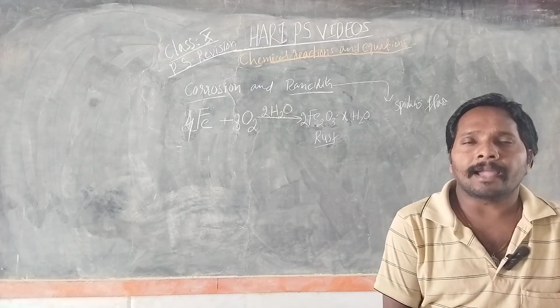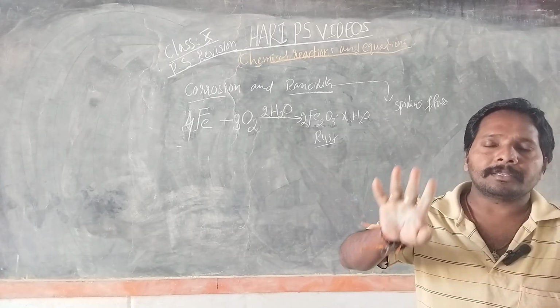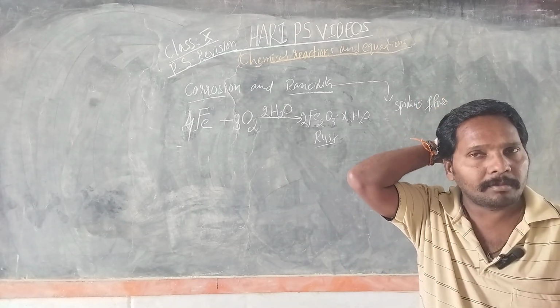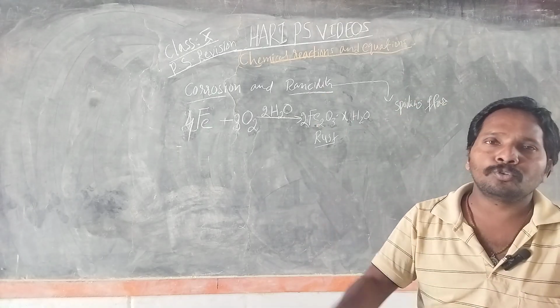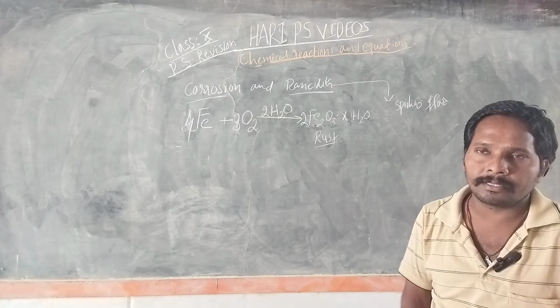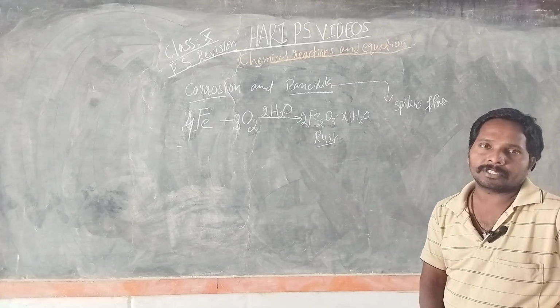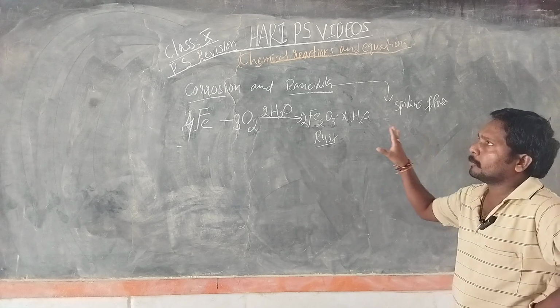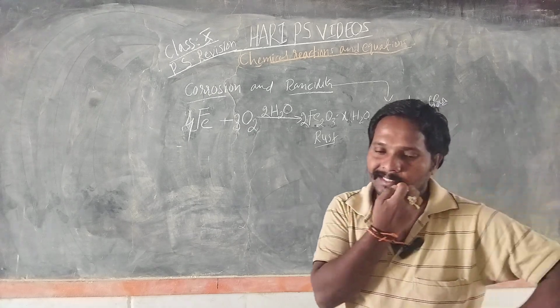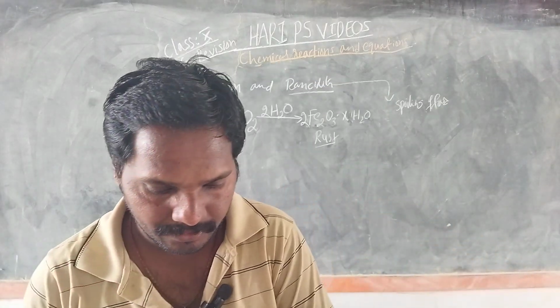Means the substances in the apple and the brinjal react with the atmospheric oxygen and a brown coating is formed. That is also an example of an oxidation reaction. So this is about corrosion and rancidity.